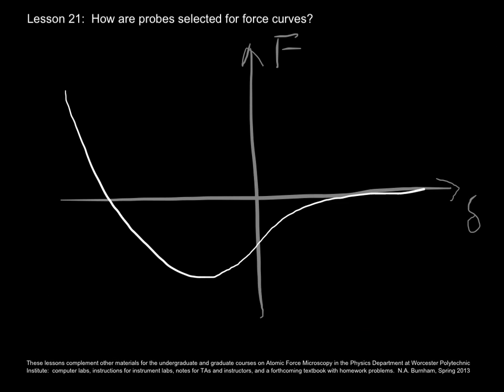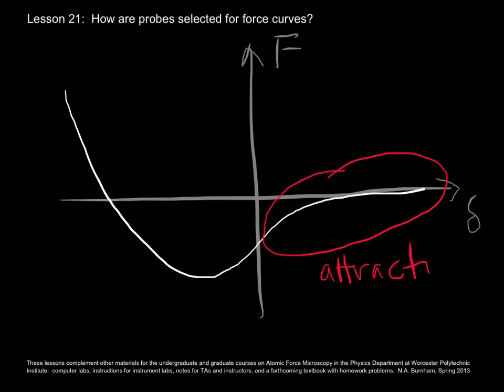Before we talk about probe selection for force curves, let's talk about some related instruments and related measurements that might help make your probe selection easier. Back in the 1970s, there were some studies of the attractive regime, and these studies were done by something called the surface forces apparatus.